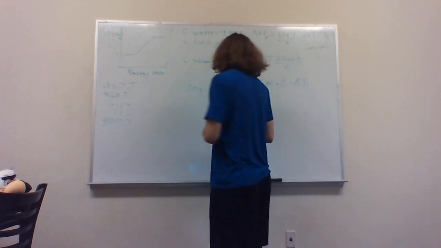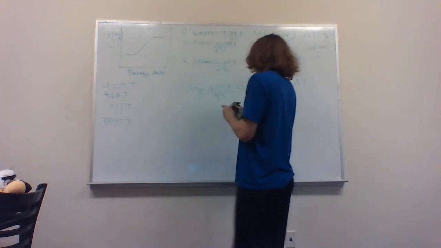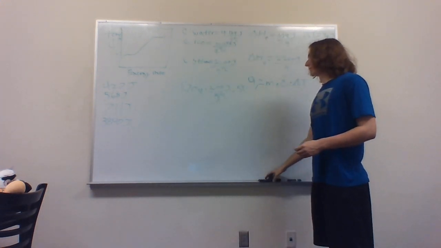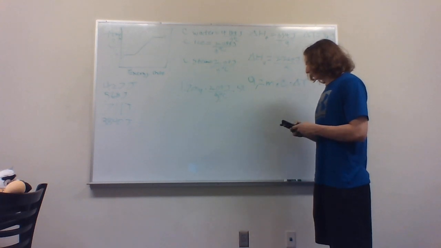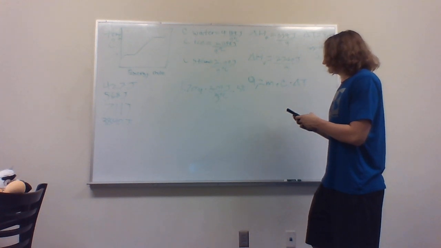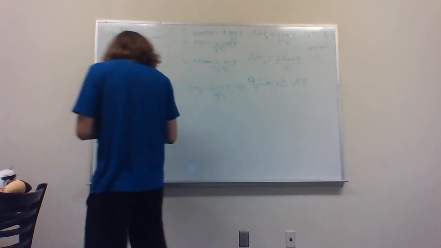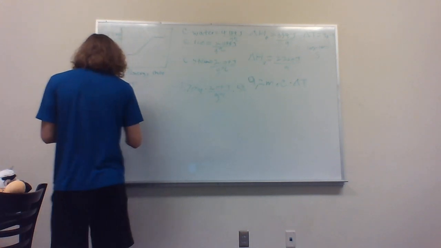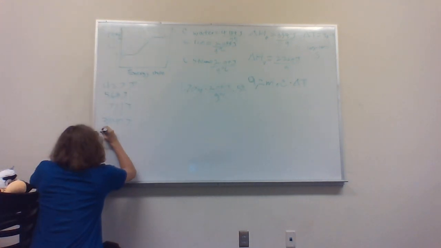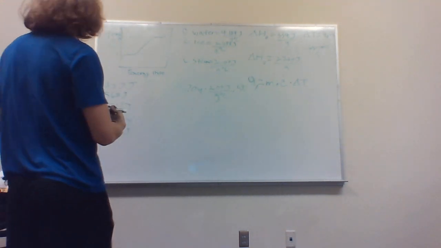Really that simple. Guess what? The grams cancel out just like last time. We're left with 1.7 times 2.09 times 5. We're left with 17.8 joules. Wow. 17.8 joules. Oh, we've done it.